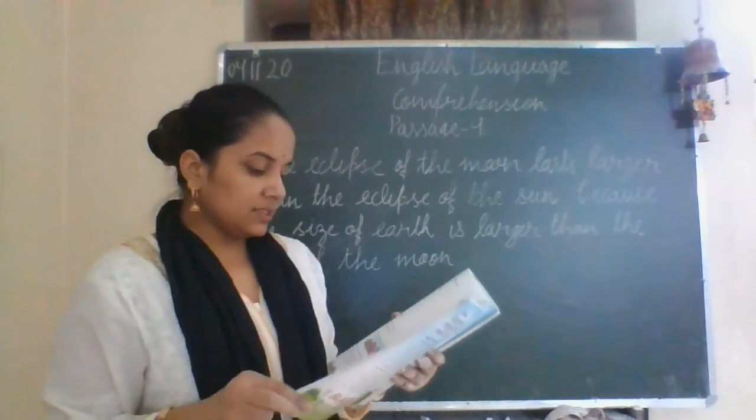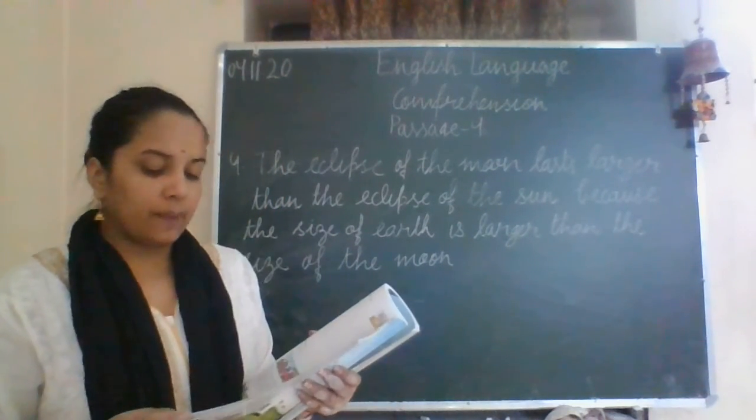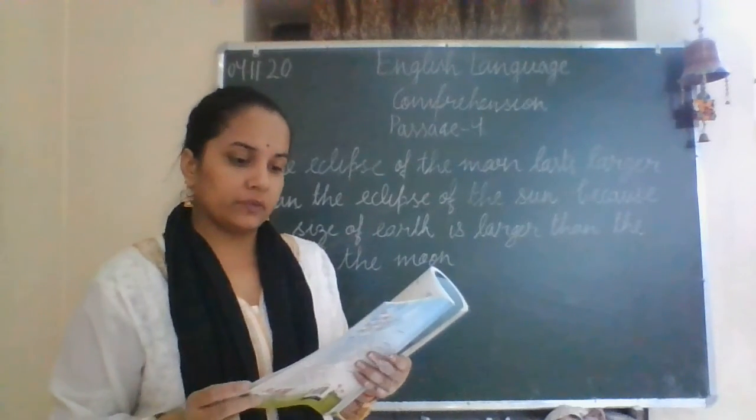The next one is: what was the primitive people's belief about the total eclipse of the sun?